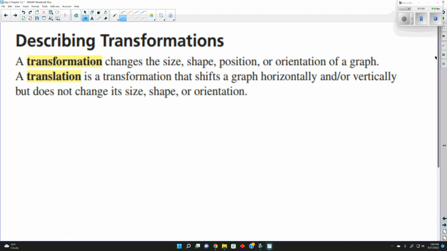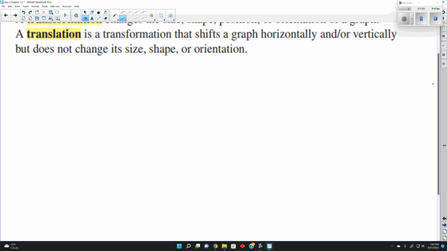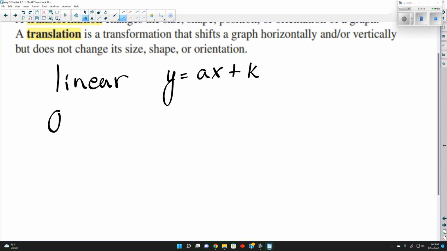Now, for these here, I'm going to give you the general equations for these here. For linear, y is equal to a x plus k. And I'll move here in a second.